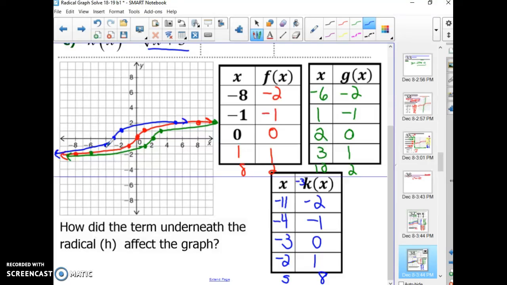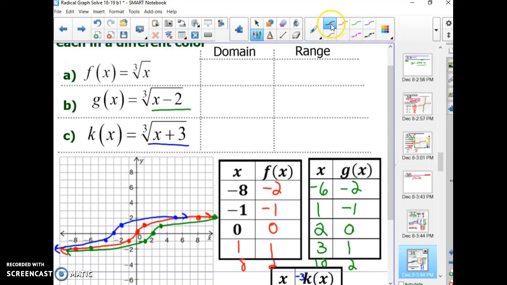So if it lies inside, it lies to us. I know you don't have this in your notes, but it goes left or it goes what? Right. So let's go talk about domain and range. For my parent function, my domain is all reals. My range is all reals. My right side's still going up.